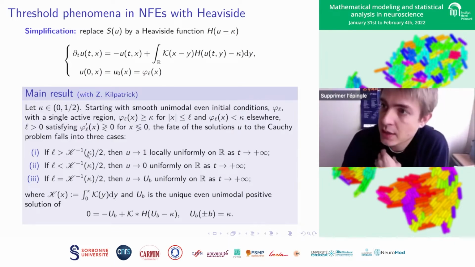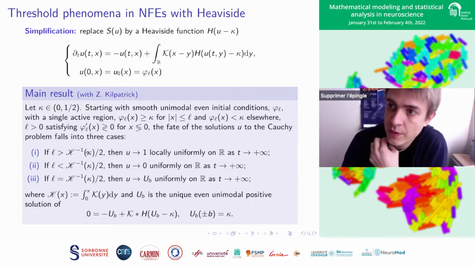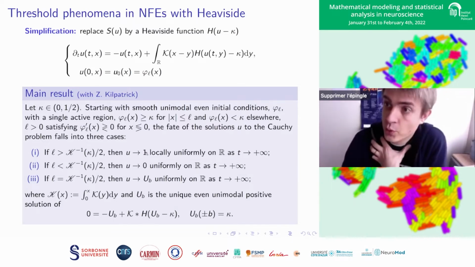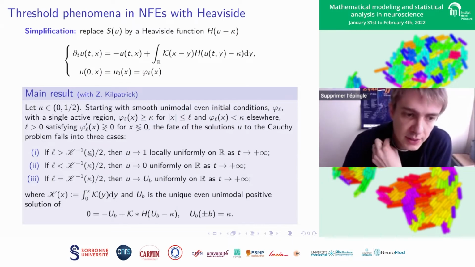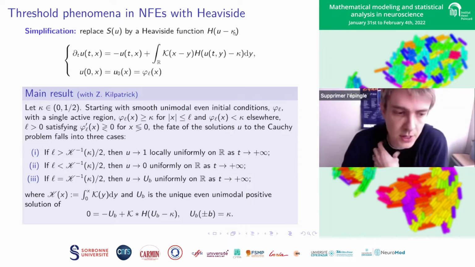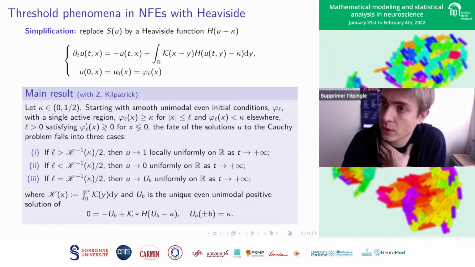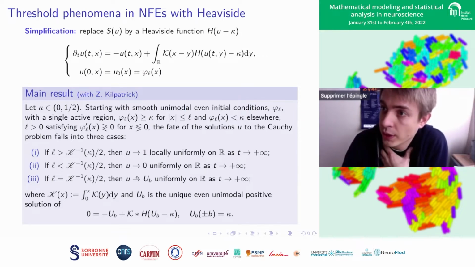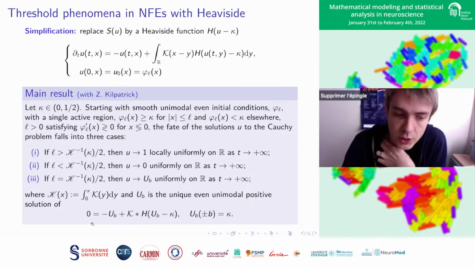And we can precisely characterize the critical value for the size of the initial condition when you either converge to 0 or converge to 1. And this is related to the threshold of the nonlinearity kappa and the connection, the kernel K. And also at the critical value, we also get the convergence toward a stationary solution.